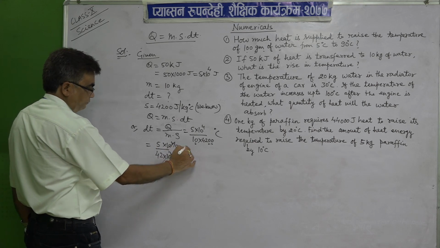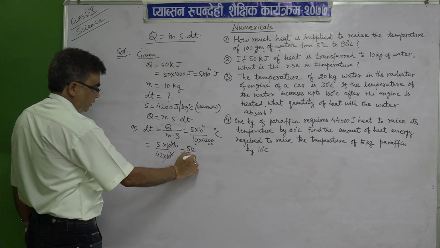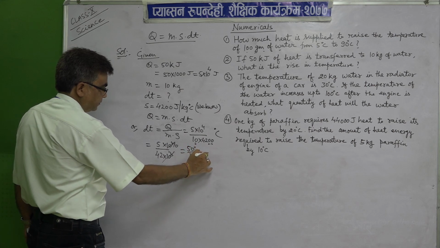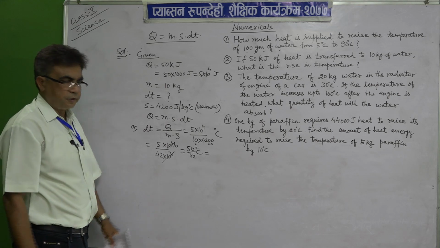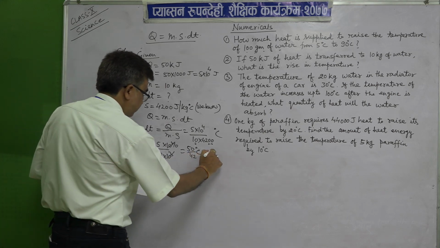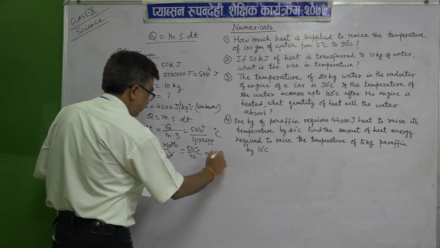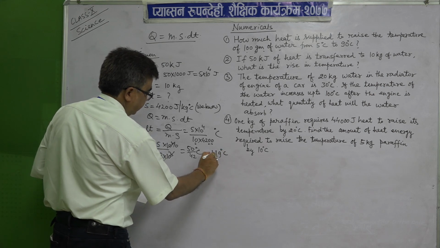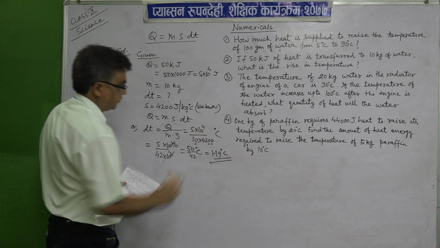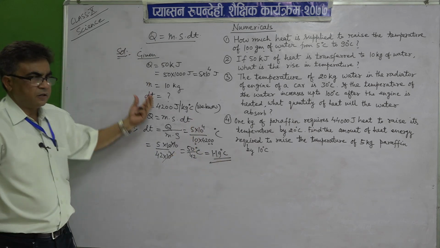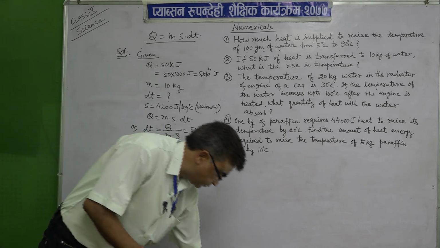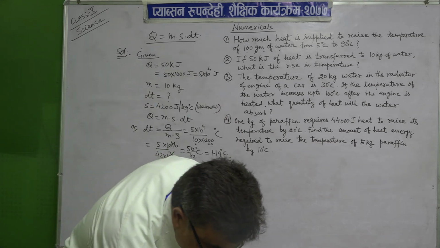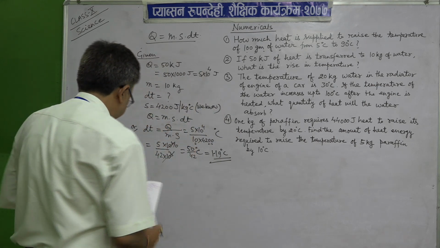So, 5 into 10, that is 50 upon 42 degree centigrade, and its value will come 1.19 degree centigrade. Clear? This is also a very simple question. Okay, I will go for the next question now.